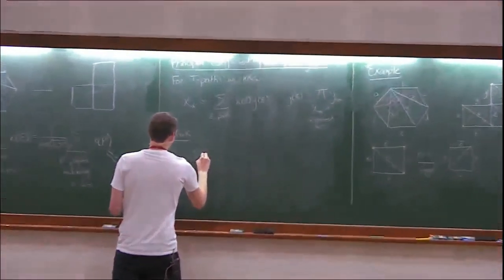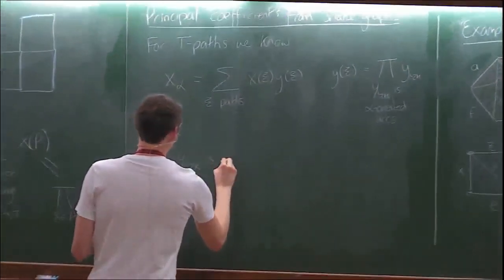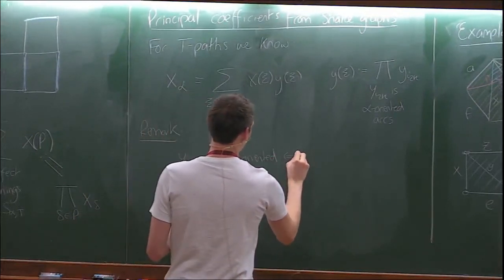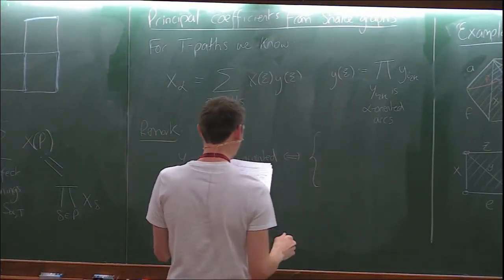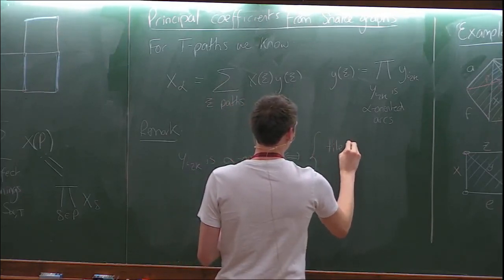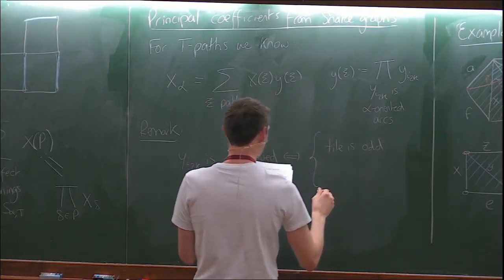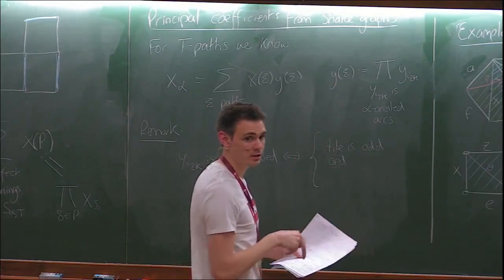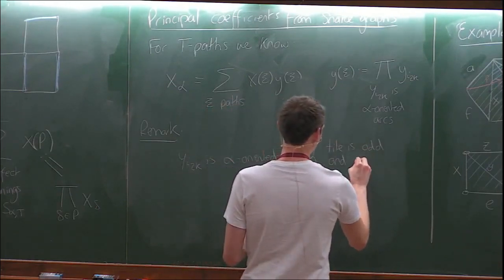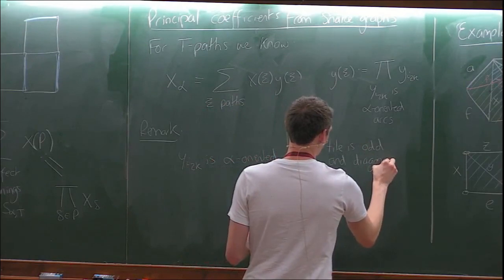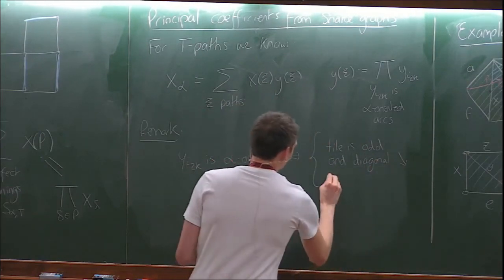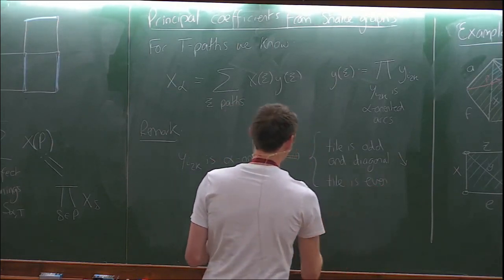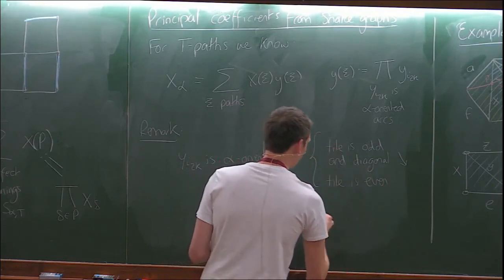So gamma I2k is alpha-oriented if and only if the tile is odd, and when you draw the t-path on your snake graph, the tile is oriented downwards. And when it's even, it's alpha-oriented if and only if it's oriented upwards.